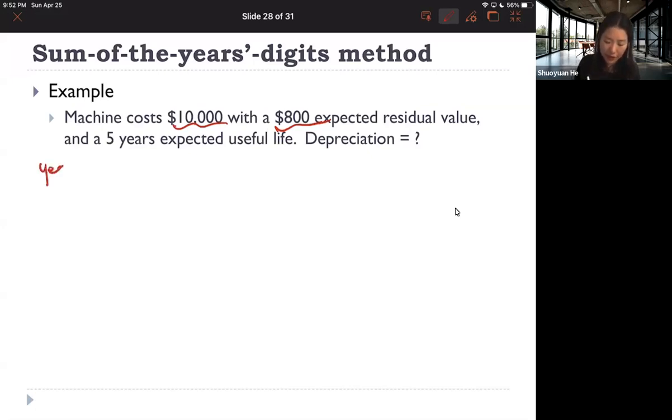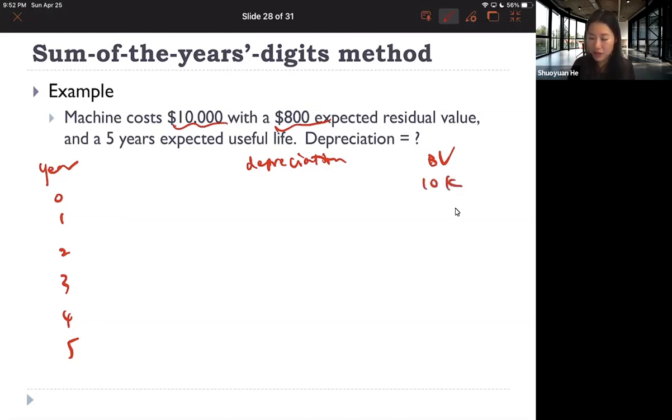So we have year 0, 1, 2, 3, 4, 5, 5 years. Before the first year, or before we start to depreciate, the book value of the asset is 10,000.